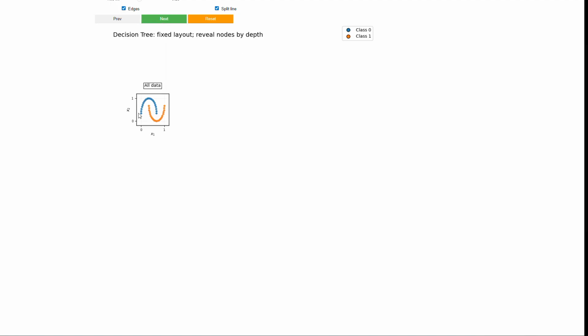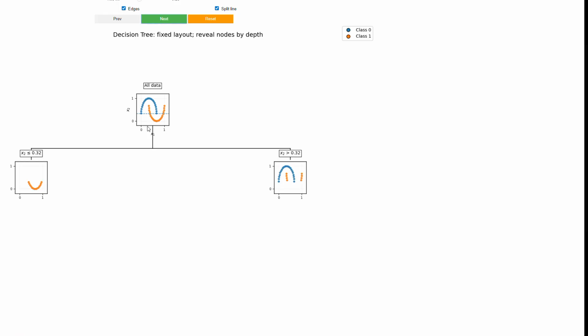For example, for this data, the decision tree can use the value of x2, and based on that, it can split the data into two regions, right? So if x2 is less than or equal to 0.32, that is the set of points falling in this region, then they will be placed in this left child.